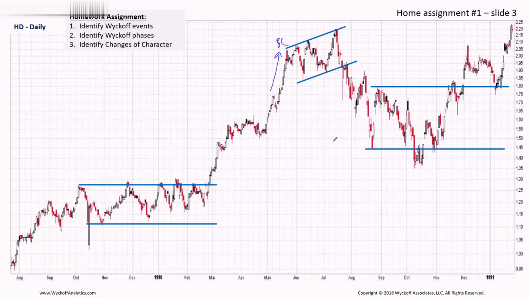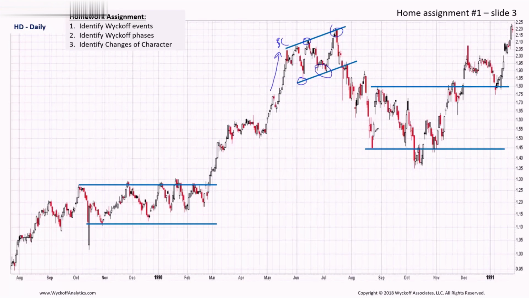Label everything for me. Do not describe what you see because we see the chart. We understand what's happening. I want you to give me short answers on the labeling, right? So if this is the buying climax, then I want you to label all of these points right here.